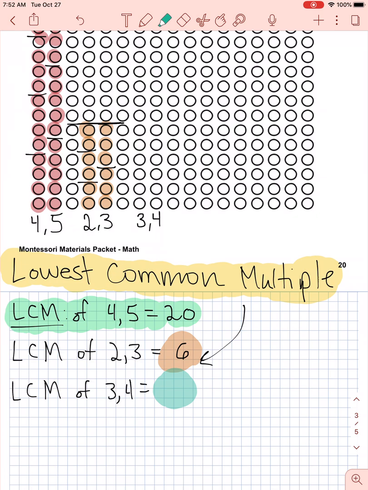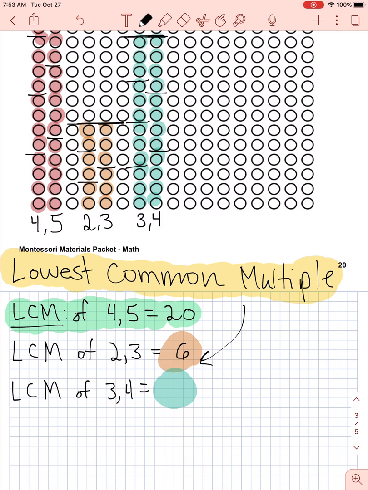All right, if you're done with this and you have found the lowest common multiple of 3 and 4, I'll go ahead and solve it with you. We'll see how you did. Let's see, we got 1, 2, 3, mark. 1, 2, 3, 4, mark. 1, 2, 3, mark. 1, 2, 3, 4, mark. 1, 2, 3, mark.